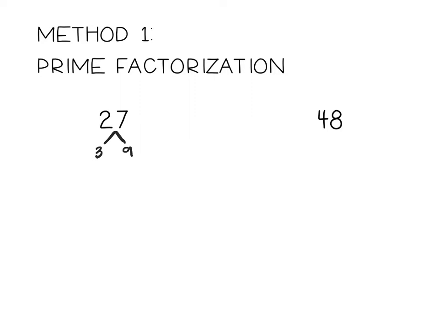Now, I'm not done yet because not all of my branches are prime. I can't break down 3 because that's prime, but I can break down 9, which would be 3 times 3. And now I'm left with all prime numbers. So the prime factorization of 27 would be 3 times 3 times 3.